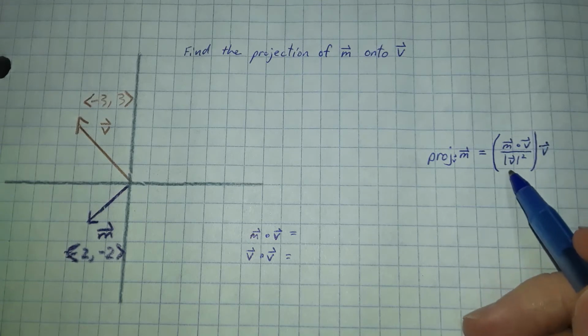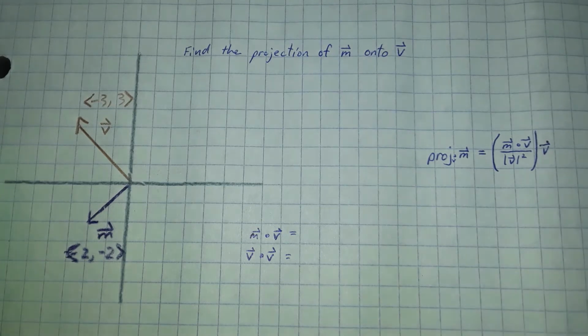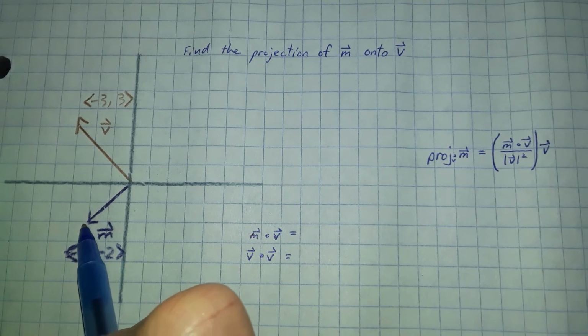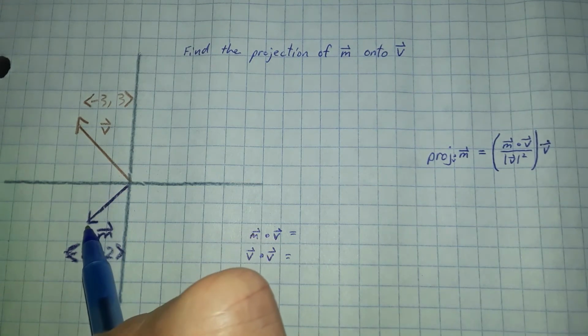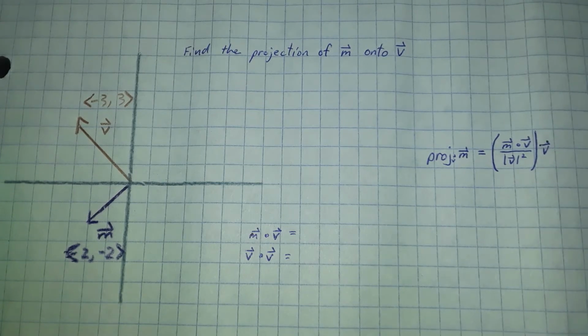So essentially we're going to end up with a scalar multiplying this vector out to the side, and that's going to be a new vector, which is kind of the idea of a shadow being cast from one vector onto the other. That's kind of what a projection is. So let's look at these calculations.